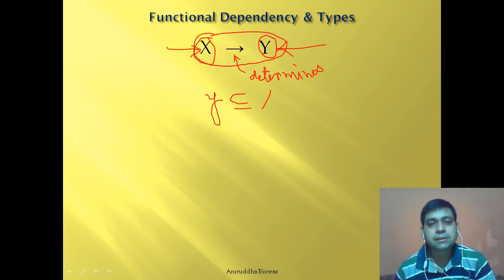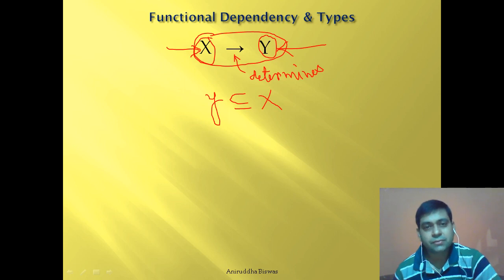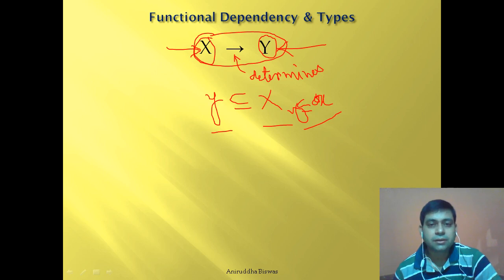One is X determines Y, or Y is functionally dependent on X. And it normally happens when Y is a subset of X. So this is an obvious case: when Y is a subset of X, then we can say that X determines Y. There is no other way. If Y is a subset, then definitely X can determine Y.